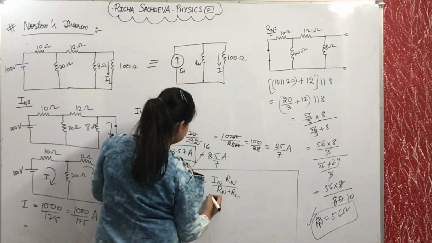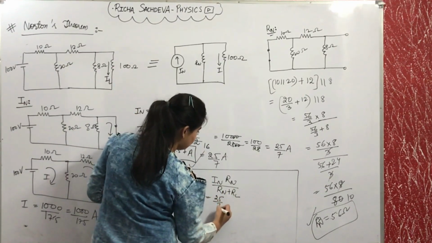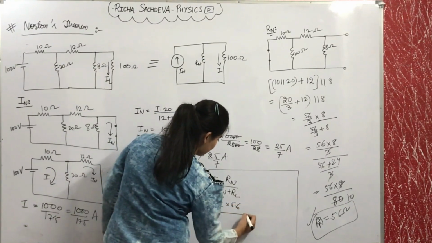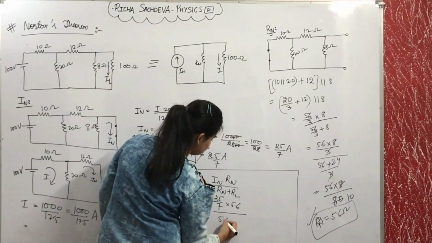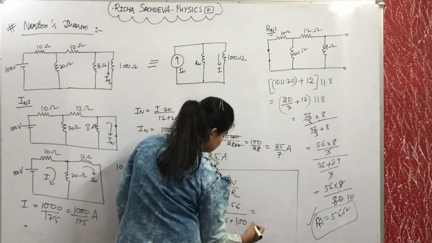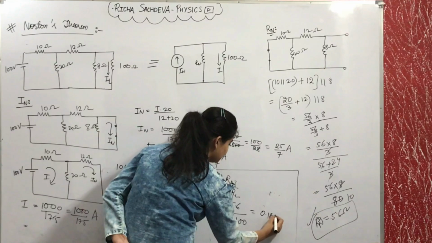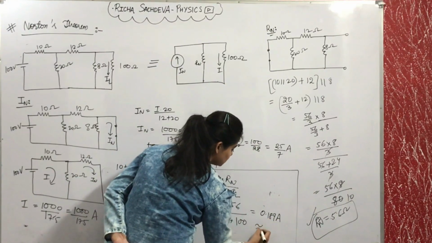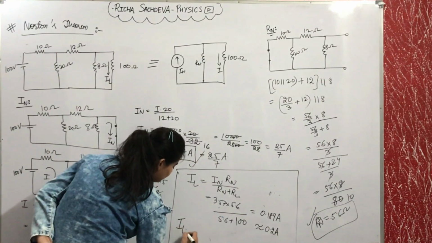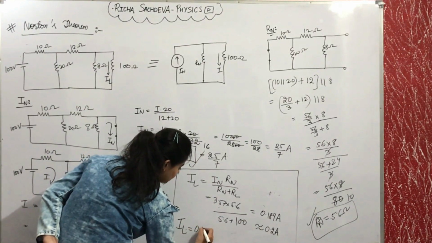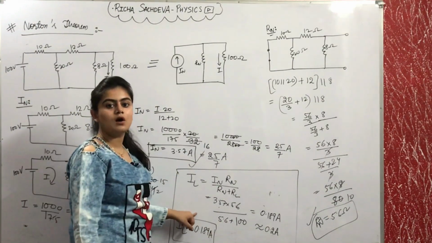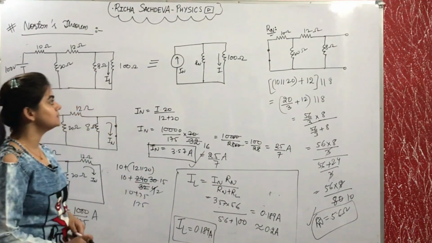So IN is 25 upon 7 into RN is 5.6 upon RN is 5.6 plus RL is 100 ohm. So this gives us the value 0.189 ampere, which is approximately equal to 0.2 ampere. So we have got the value of IL, that is 0.189 amperes. So this is how we solve it with the help of Norton's theorem.